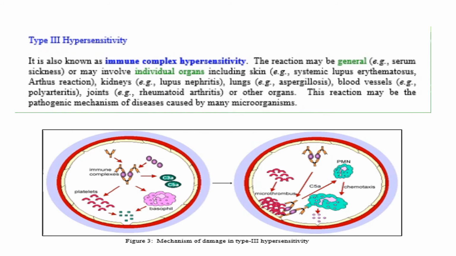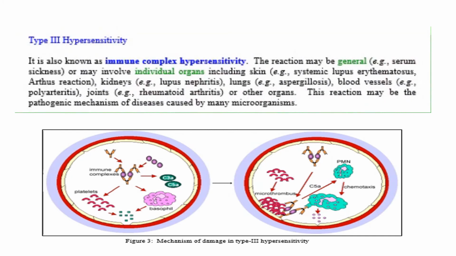The reaction may be general, like serum sickness, or may involve individual organs, like involvement of the skin, for example systemic lupus erythematosus or Arthus reaction, or involvement of the kidney, for example lupus nephritis, lung, as in case of aspergillosis, blood vessels, as in polyarteritis, joint, like rheumatoid arthritis, or other organs. So there will be a specific organ involvement by the immune complex mechanism.